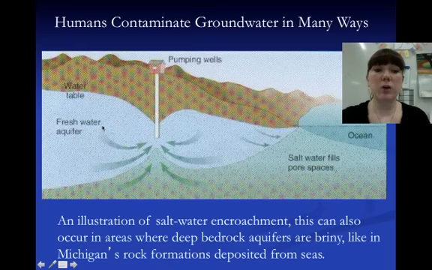So this is called saltwater encroachment, and this typically happens in deep bedrock aquifers. But remember that even though we're not near an ocean, we do have those salt deposits from Michigan's past, and so some aquifers do tend to be briny from that past ocean environment in Michigan.